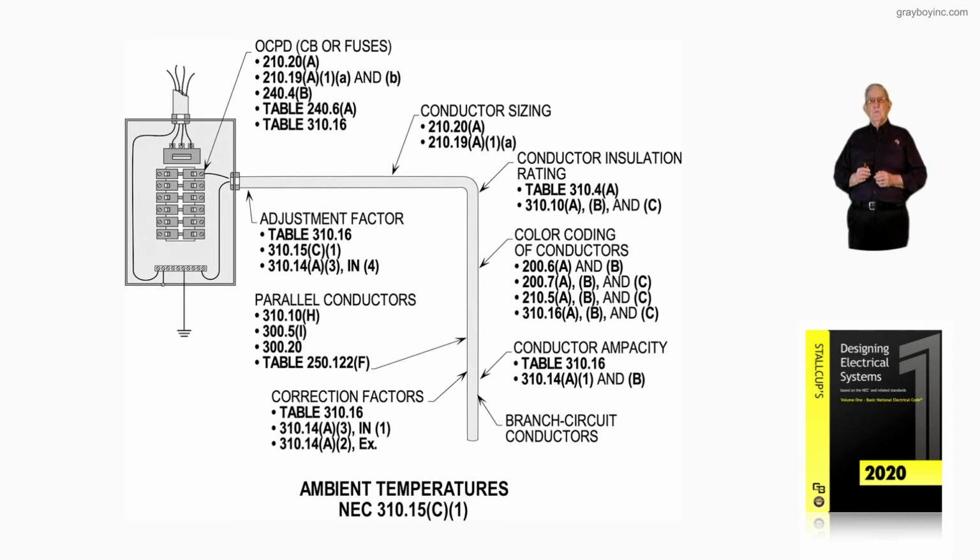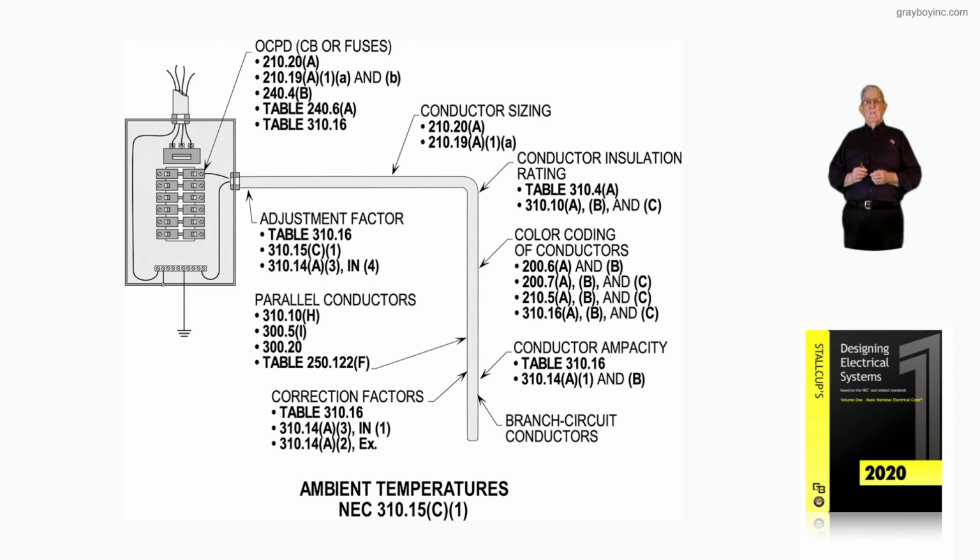Now moving over to the conductor insulation to the right, you're looking at 310.4(A), and that's Table 310.4(A). You're looking at 310.10(A), (B), and (C) for wet, damp, and dry type locations.